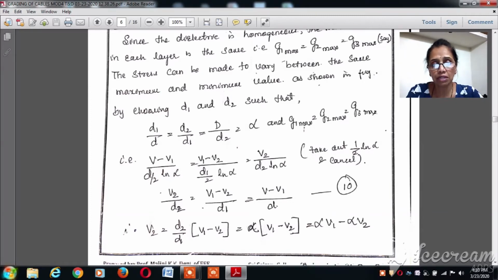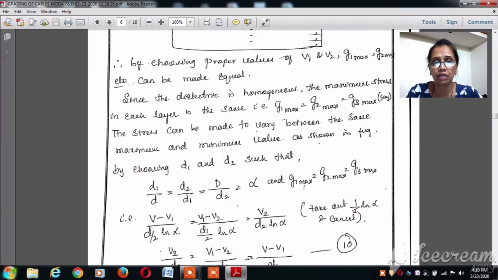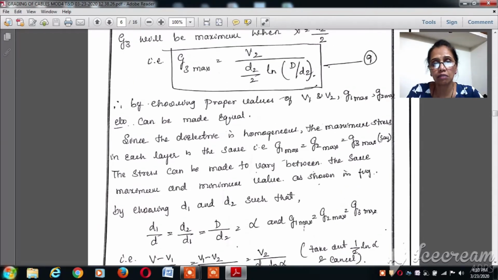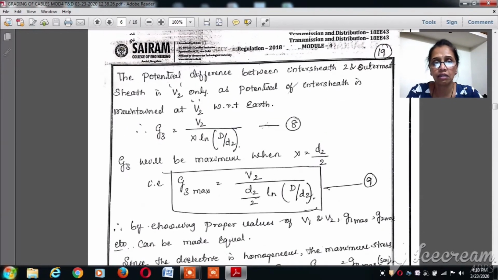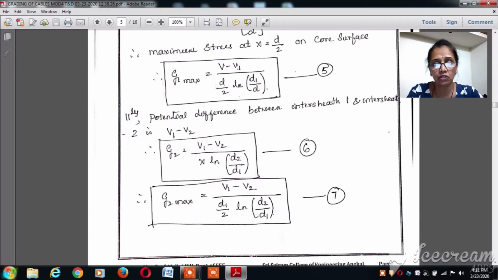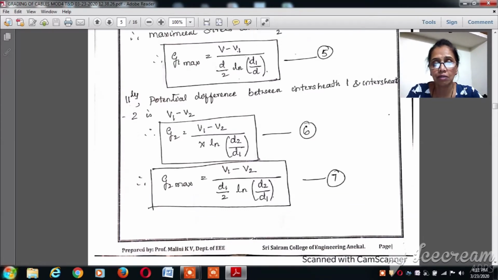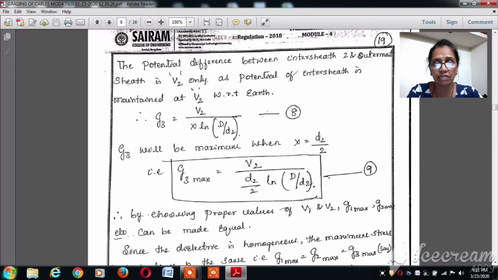From the formulas you can say that V minus V1 divided by D by 2 ln alpha, because when we see the equations 7, 8, 9, you can see the variation for each one of the layers. You have the combination D1 divided by D, D2 divided by D1, as well as D divided by D2.